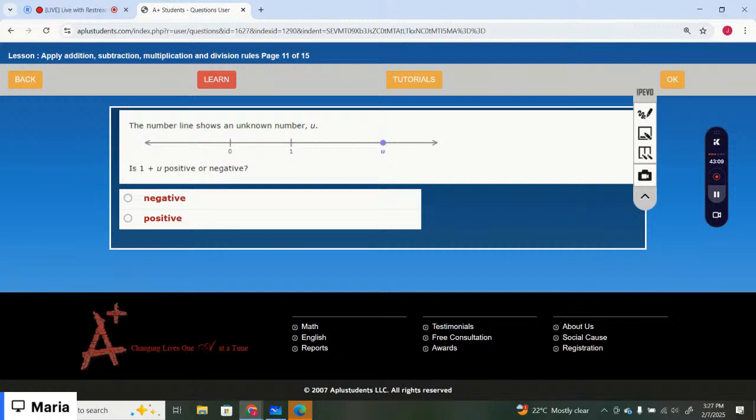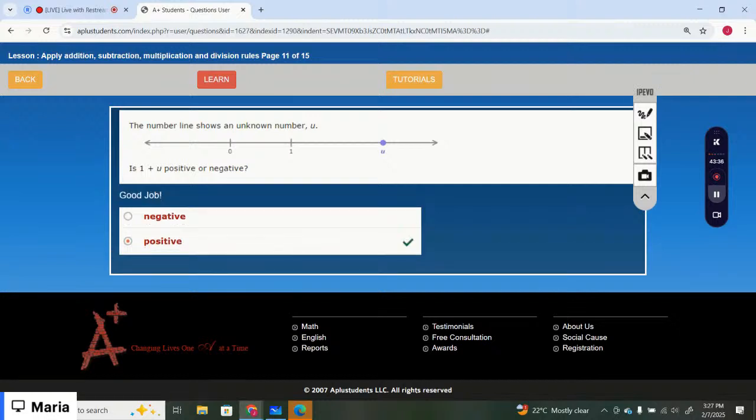The number line shows an unknown number U. Is 1 plus U positive or negative? The 1 plus U is positive. Option number 2 is the correct option.